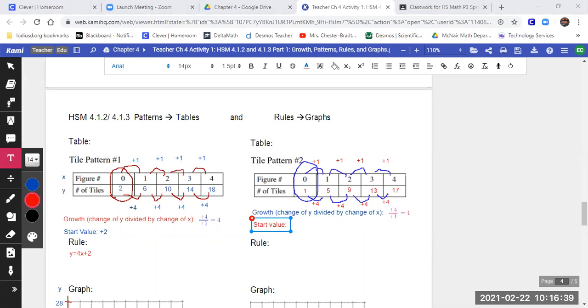What's our start value? Plus 1, yes. Okay, positive 1. So our equation's not going to get, our rule's not going to look hugely different. It's still y equals 4x, but instead it's a plus 1 instead of a plus 2.